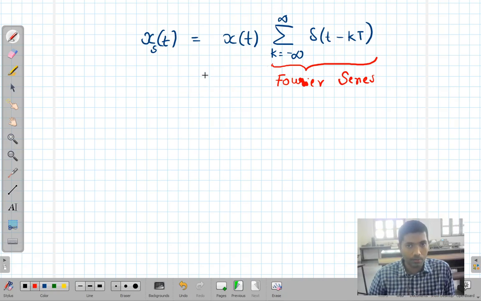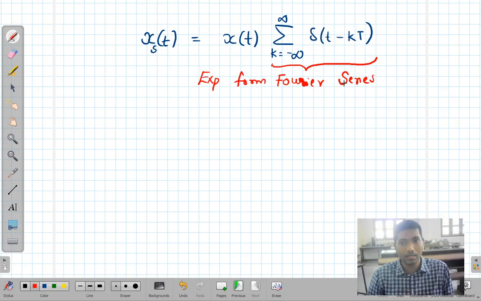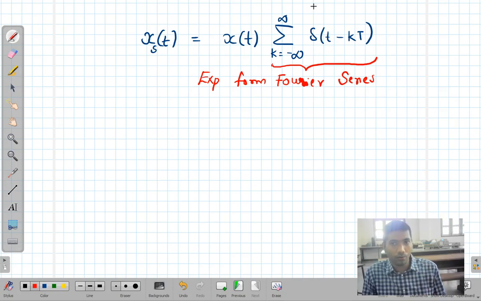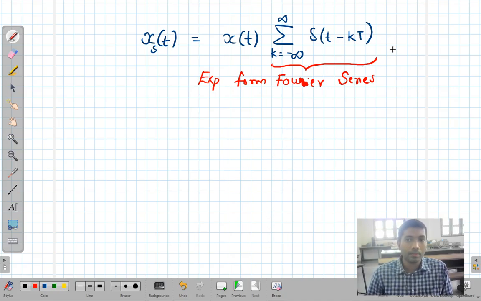We can apply the Fourier series to this impulse train because it is a periodic signal. Remember that the Fourier series exists for periodic signals, and if you look at the figure of the impulse train, it is a periodic signal with period capital T. The angular frequency omega s is denoted as 2 pi by capital T.